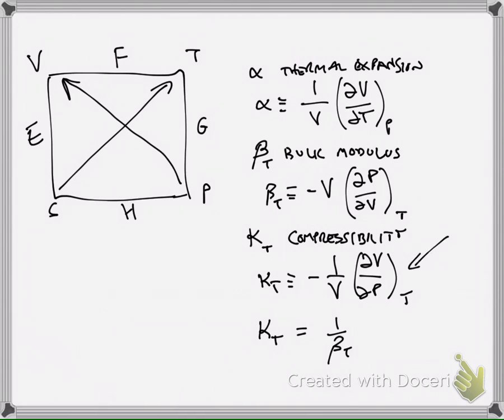Now, how should you think about these things? The compressibility is the fractional change in volume as you squeeze on something with a known pressure. So if I crank up the pressure and the volume goes down, I will have a positive compressibility. That's what this negative sign out front means. When you talk about the compressibility, you're applying a pressure and seeing how the volume responds to it.